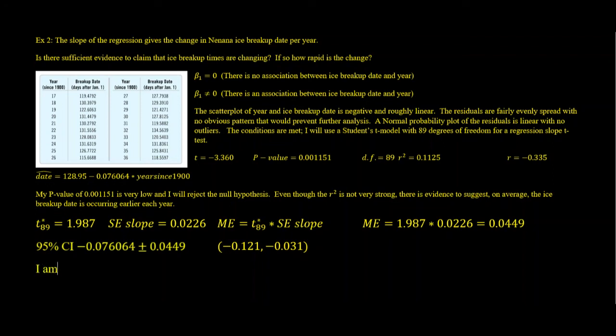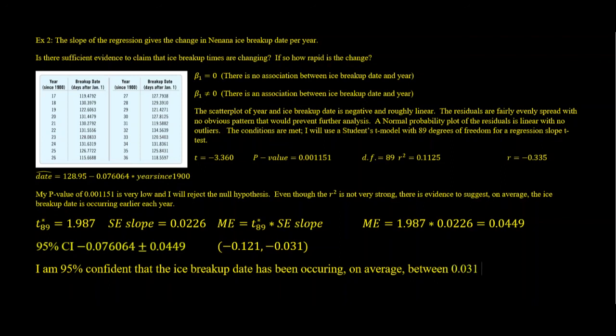I am very confident that the ice breakup date has been occurring on average between 0.031 and 0.121 days earlier each year since 1900.